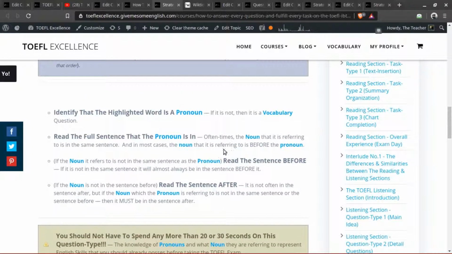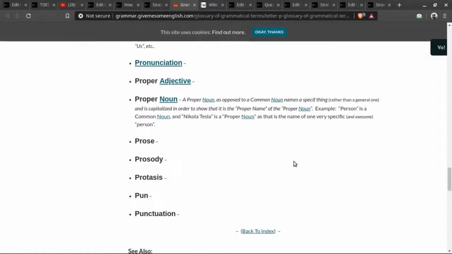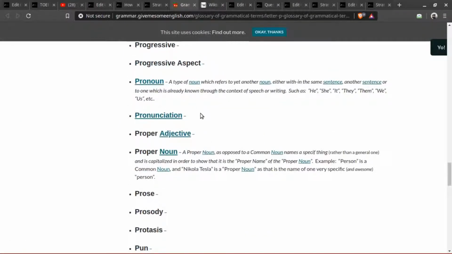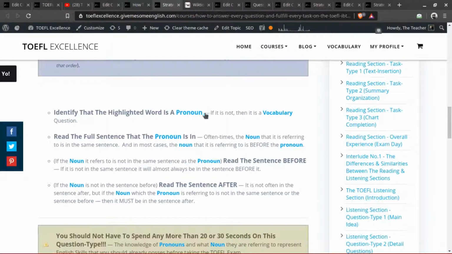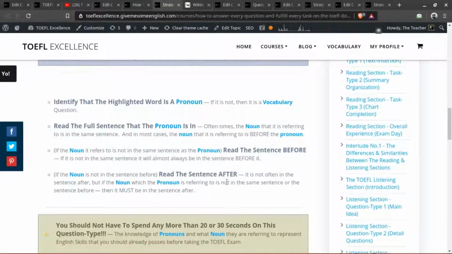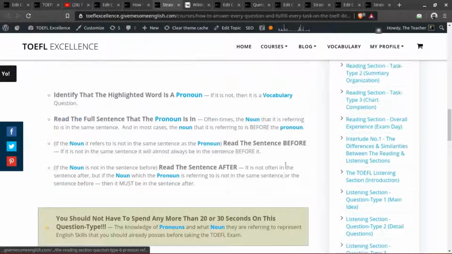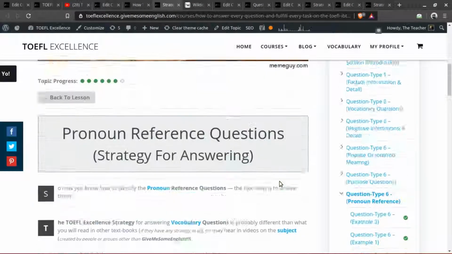If you do need to spend more time thinking about them, then make sure you study more about pronouns. You can do that by clicking the word pronoun anywhere. It takes you to the word pronoun there. You can click the word there and do a little bit more study. Remember, everything that is in these colors here is a link. If you need to learn about grammar, if you need to learn about vocabulary, just click those links and we have got you covered.